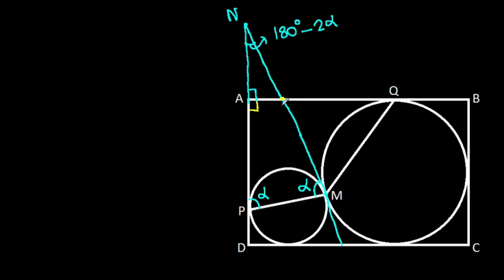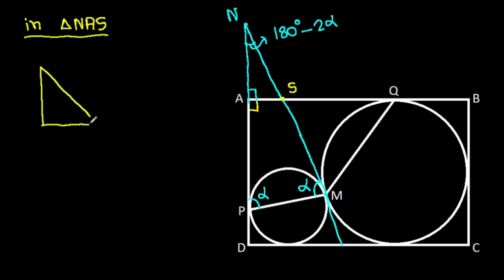and now suppose this point is S, then in triangle NAS, this angle is 90 degrees, this angle is 180 degrees minus 2 alpha.